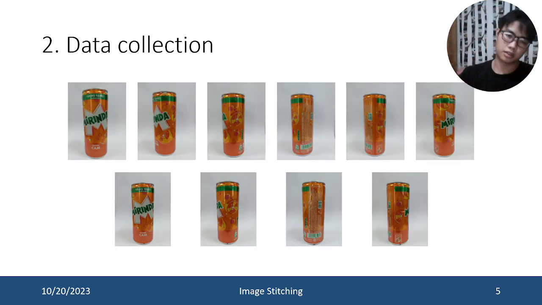By this method, we collect data on a white background, and we have a can like orange juice, so the background was uniformly set to white.